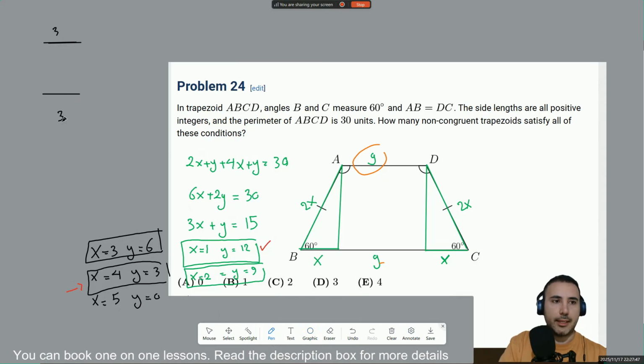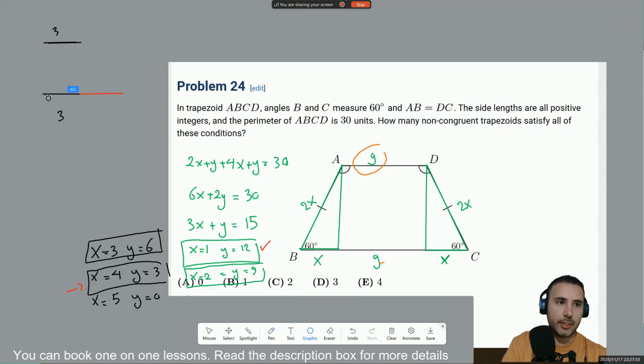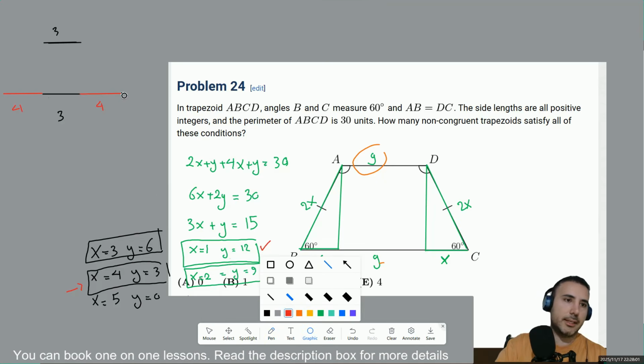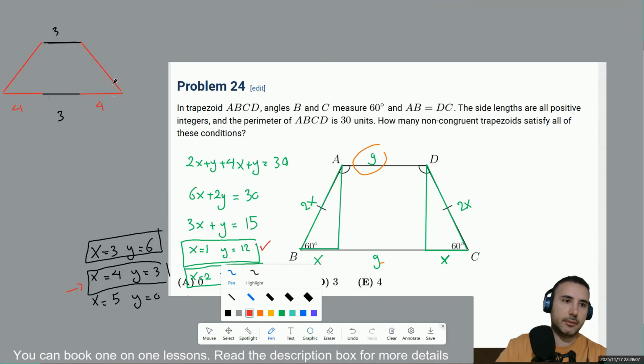Okay. And then x is going to be 4. So I have to put 2 bigger numbers here, a 4 here and a 4 here. So then this one will actually be an 8. The reason this doesn't look like an 8 is because this is not really 60 degrees, right?